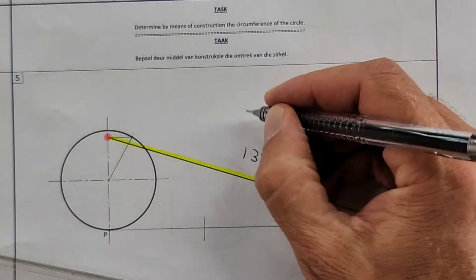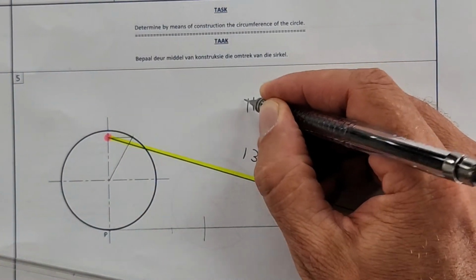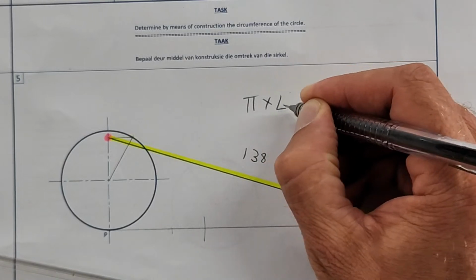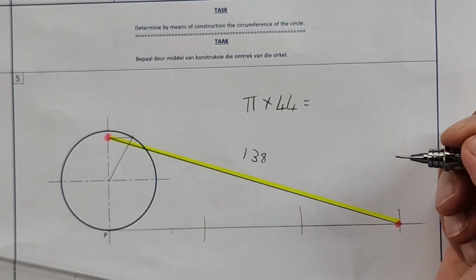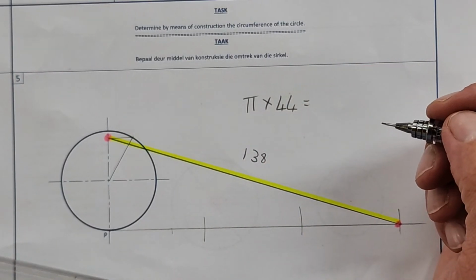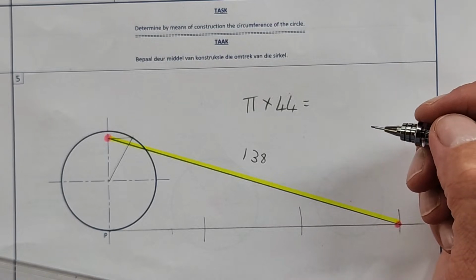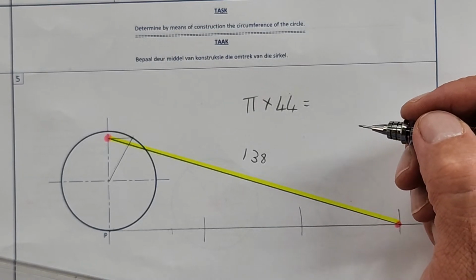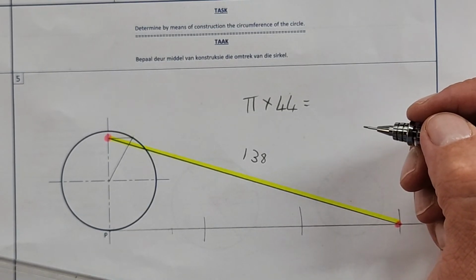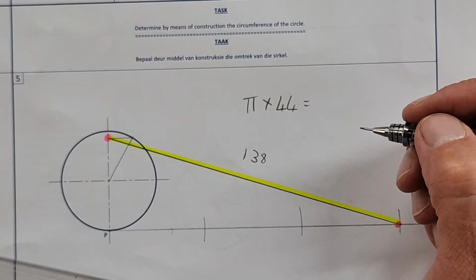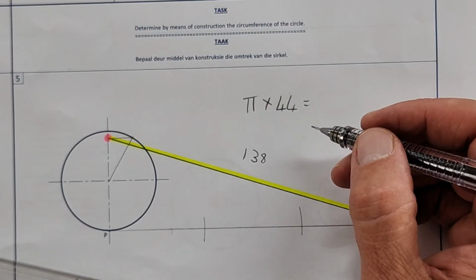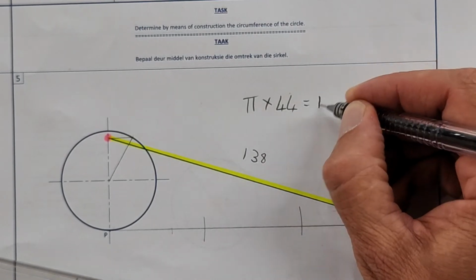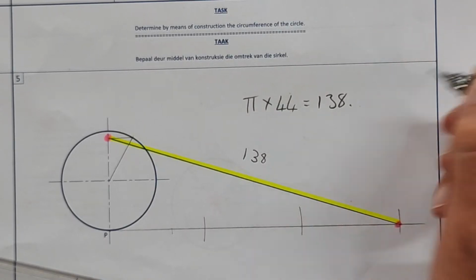So who's got a calculator? Pi times 44 equals... Who's doing my calculation for me? Pi times 44 should be 138. 138 point something, okay?